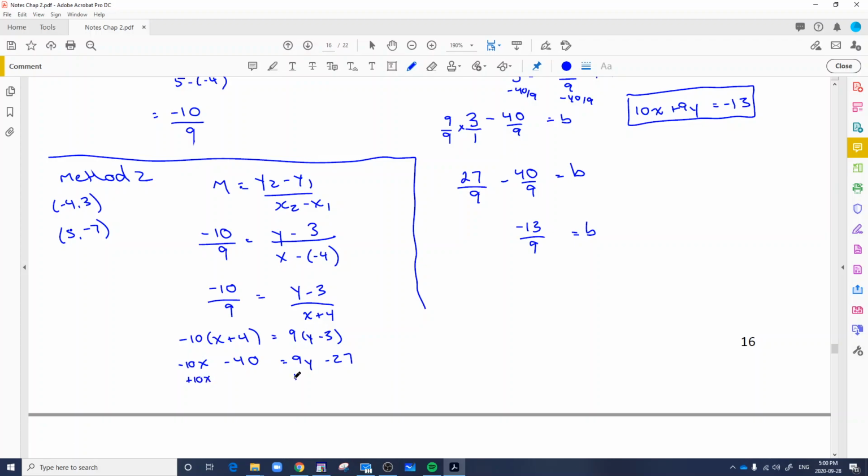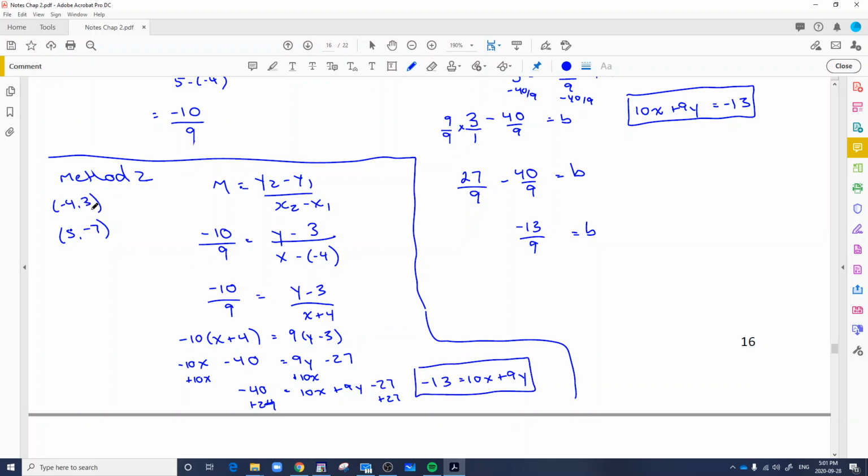I'm going to add 10x, add 10x. I end up with -40 equals 10x plus 9y minus 27. And then I'm going to add 27. I end up with -13 equals 10x plus 9y. So no matter which method I used, I get that same answer in standard form.